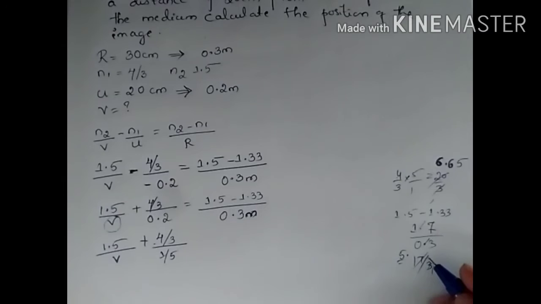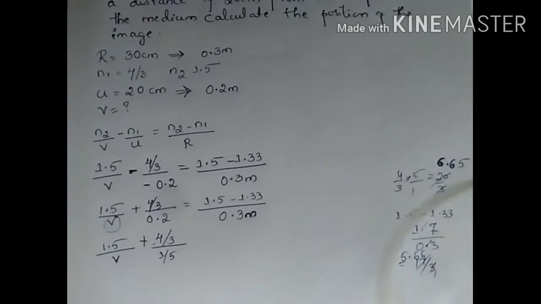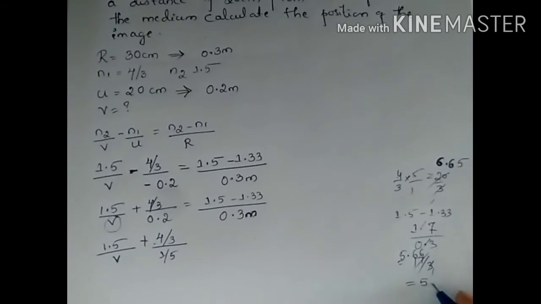Again 2 left, 3 6s 18. So if you round up, since we had decimal here, it will be 0.57.